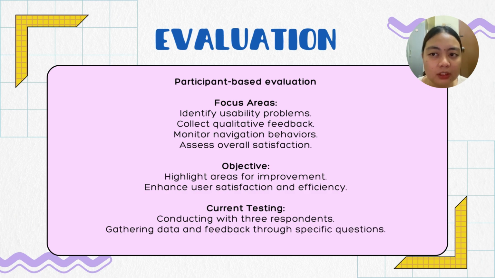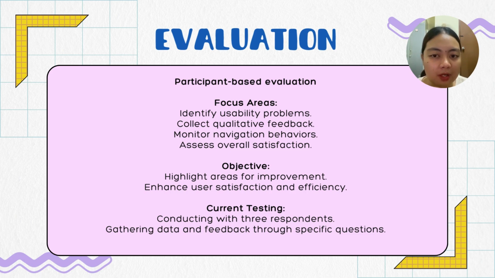The objective is to highlight areas for improvement and enhance user satisfaction and efficiency. We conducted this with 3 respondents, and from them we gathered the data and feedback through specific questions.